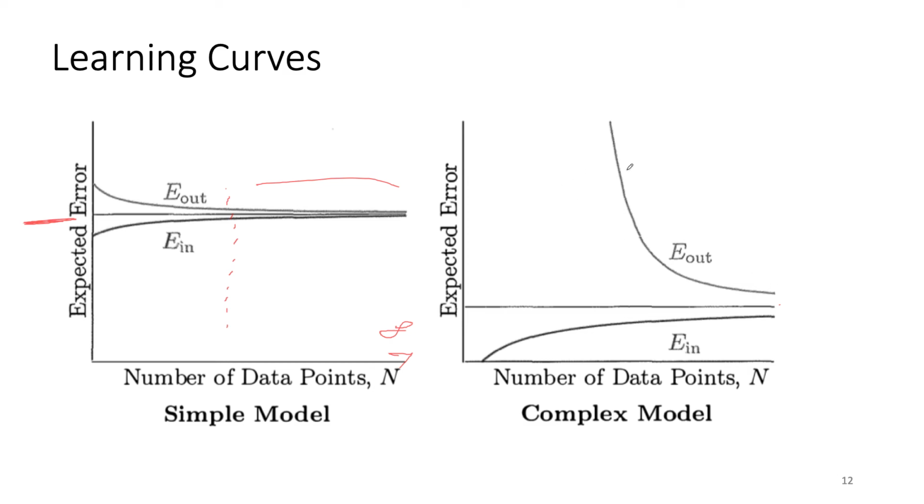However, your test error starts way, way higher. By the time your n goes to a very large number, it goes down, right? And at the end, you're going to stay in a better point than a simple model.